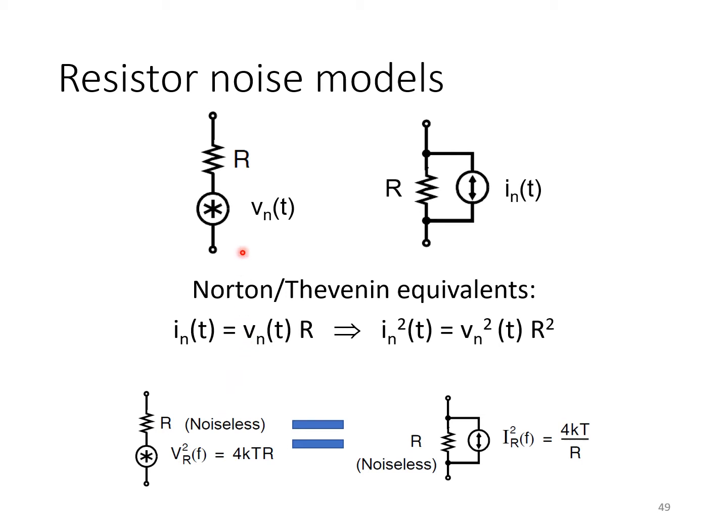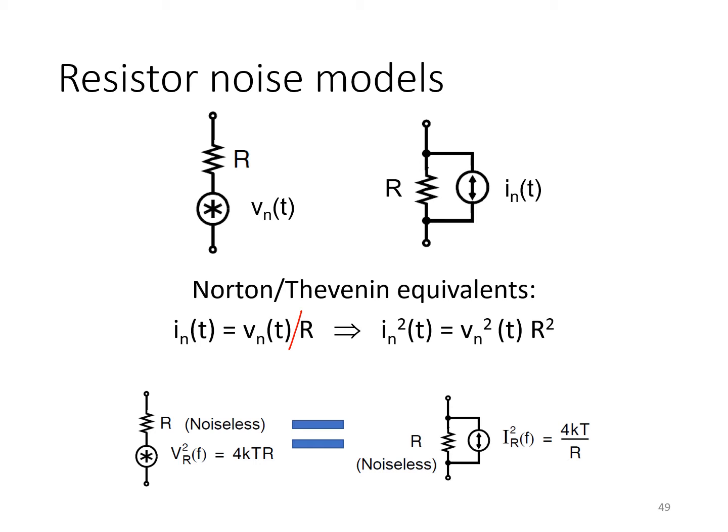We can also develop an equivalent model simply by taking the Norton equivalent here. We do so in the usual way, by saying that this equivalent noise current is equal to the noise voltage Vn divided by R. In fact, it should be Vn over R here.